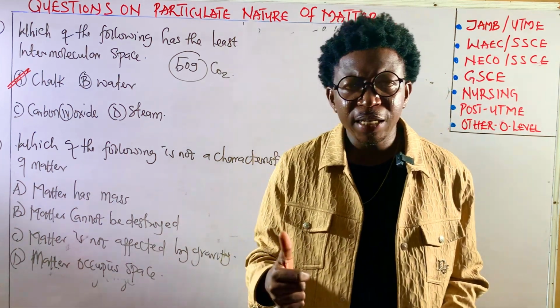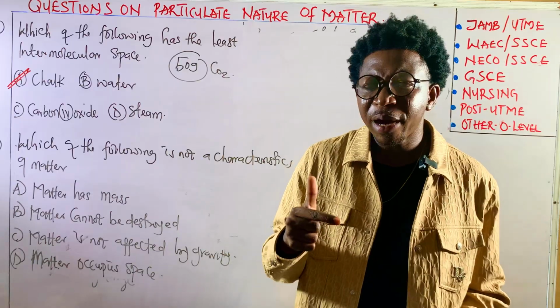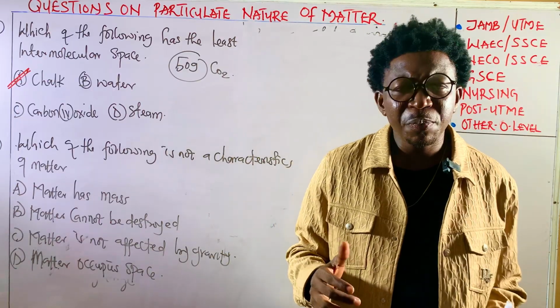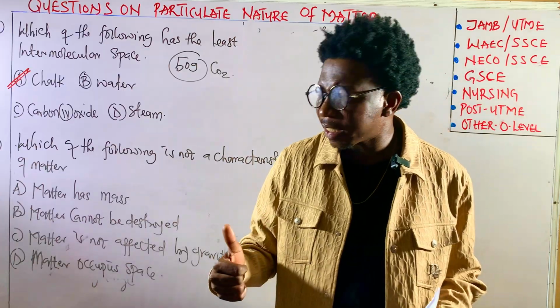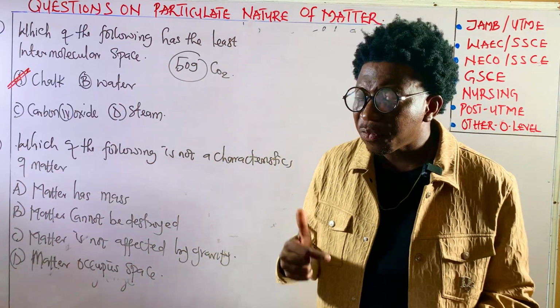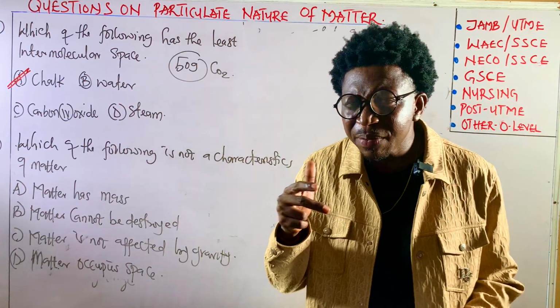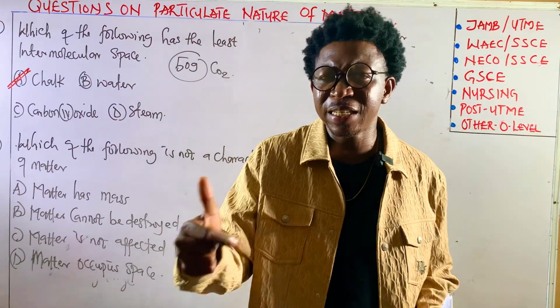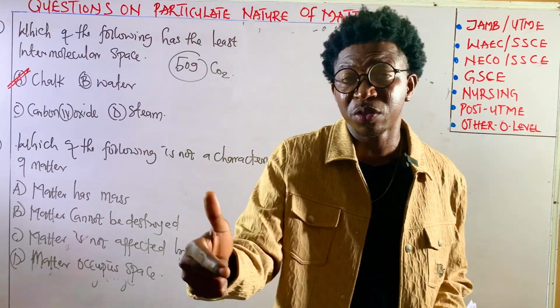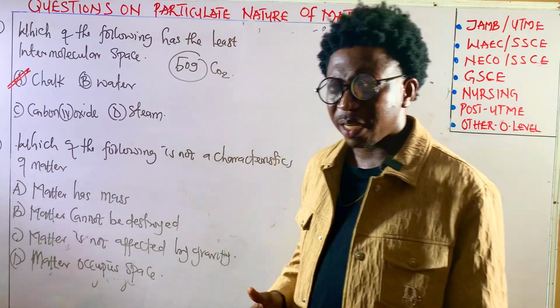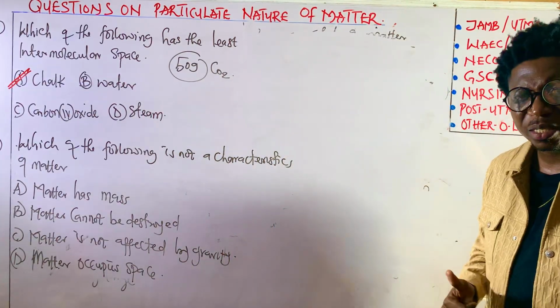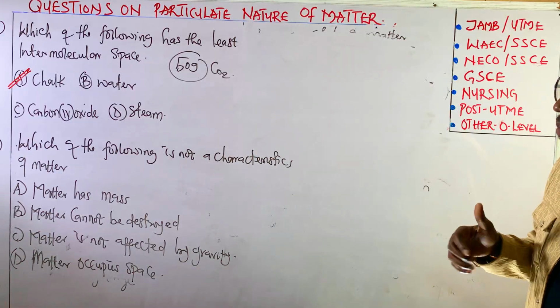I repeat, matter is anything that has mass, occupies space, and can be perceived. Perception has to do with sight. Can I see this thing? Can I feel this thing? Can I smell this thing? So anything that can be seen, felt, or smelled is actually matter. Anything that has mass, occupies space, and can be perceived.